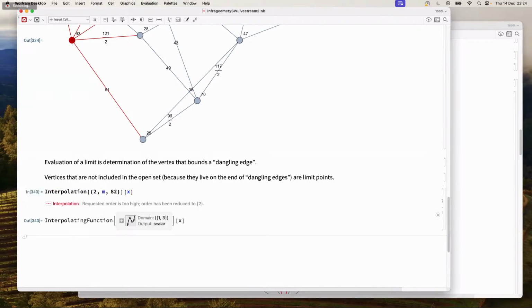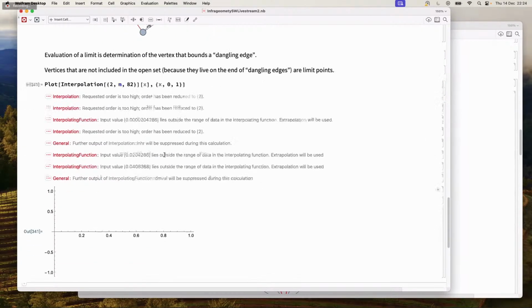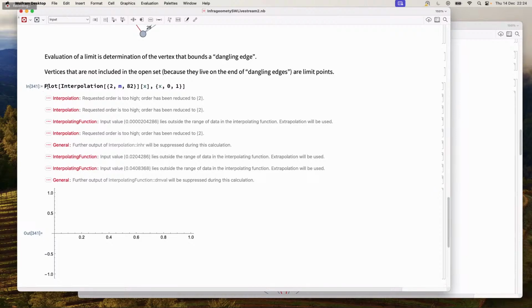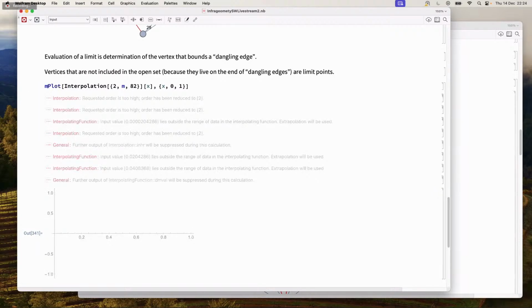Now plot that from 0 to 1, and you're going to manipulate that as a function of m. Now put a manipulate to give a value for m, and let's do m between 0 and 100 to start off with.